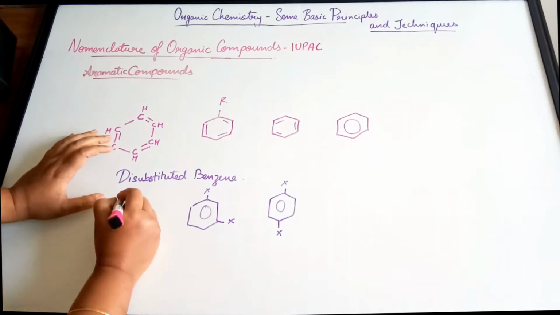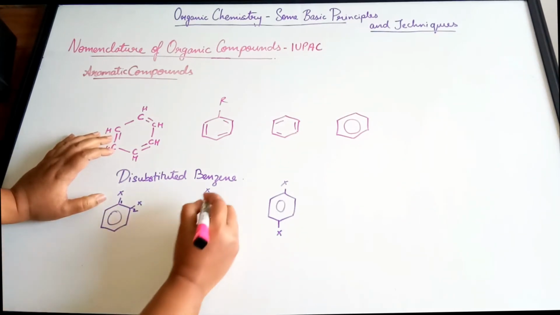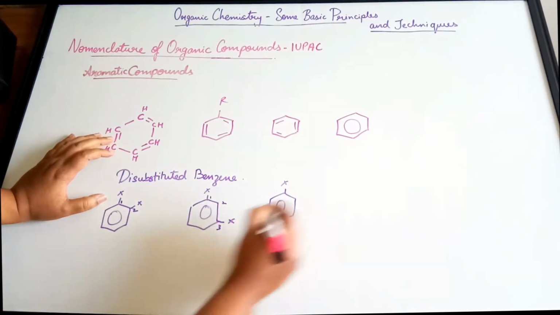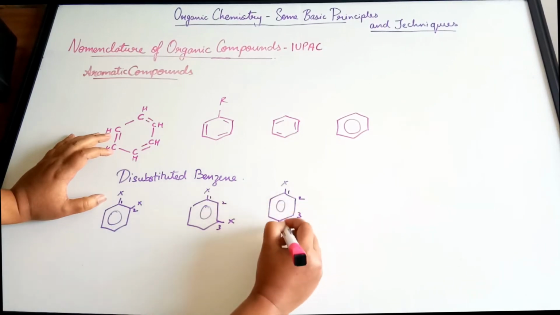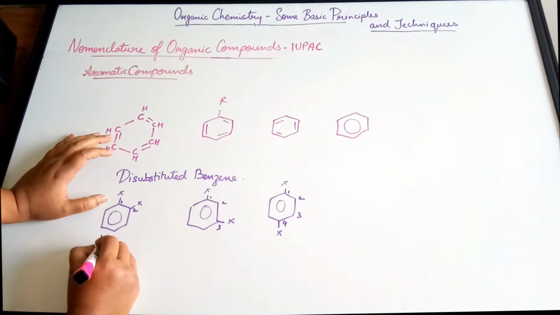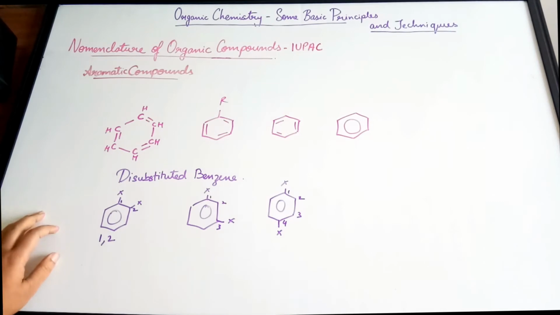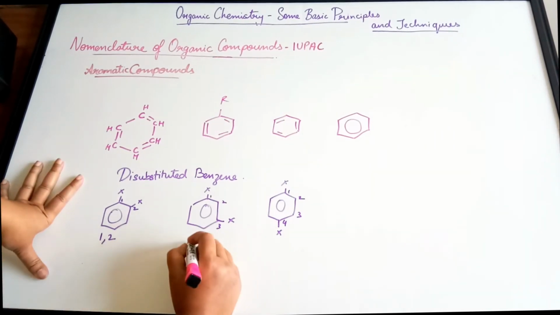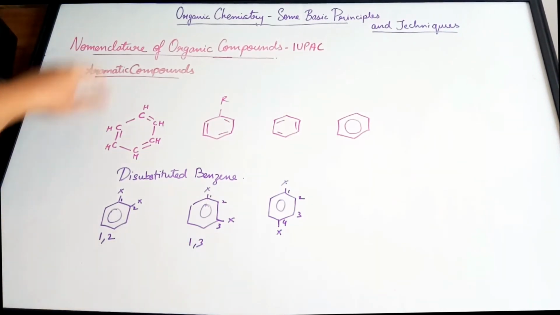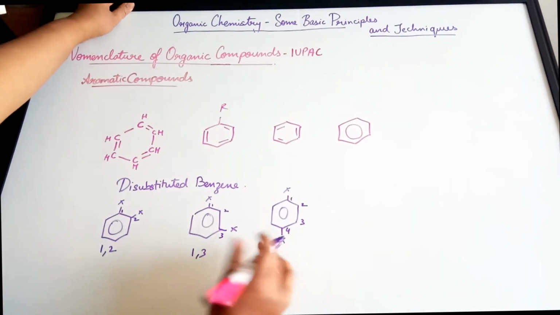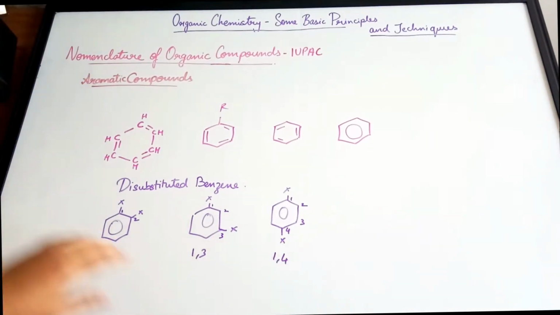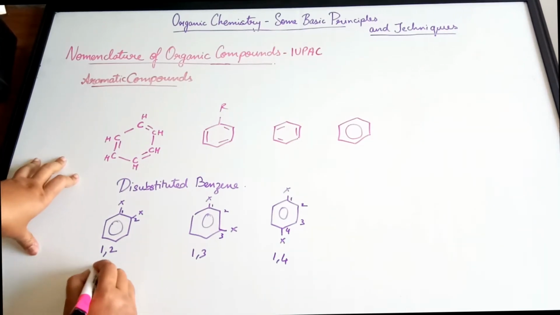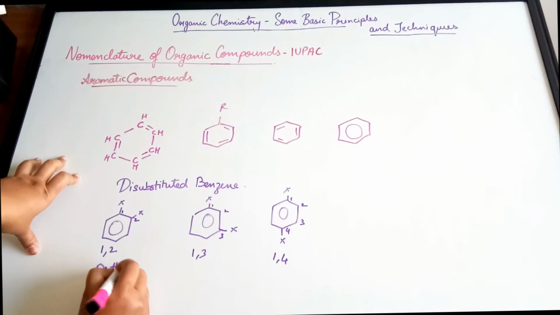So let's assume this is the first position, this will be the second. So 1, 2 and 3, 1, 2, third and fourth. Here the first and second carbon have been substituted. Here the first and the third have been substituted. And here 1 and 4 are substituted. So when 1 and 2 are substituted, this is called the ortho position.